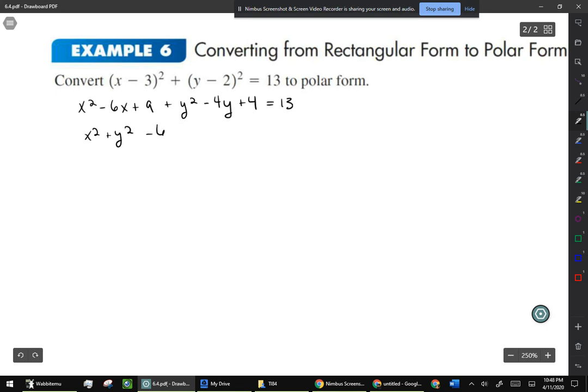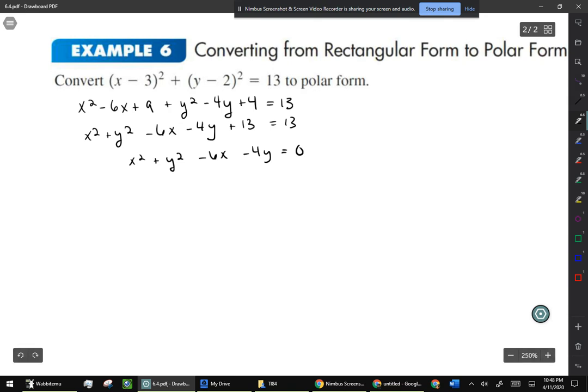So I group my x squared and my y squared together, my x and my y terms together, and then the 9 and the 4 get me a 13 conveniently. I'm going to end up with them canceling out, so it's just going to be x squared plus y squared minus 6x minus 4y equals 0.